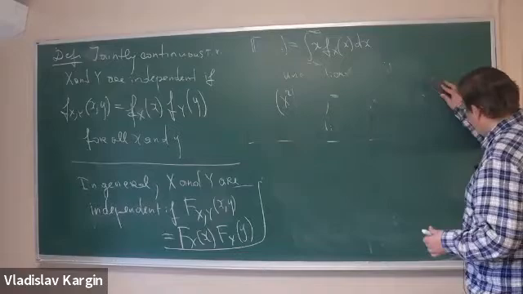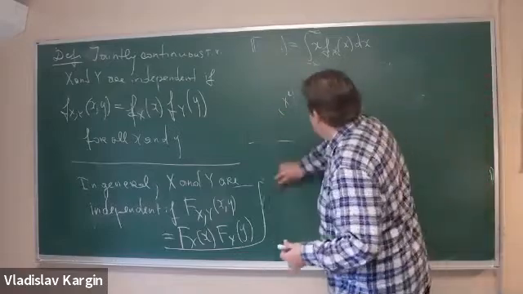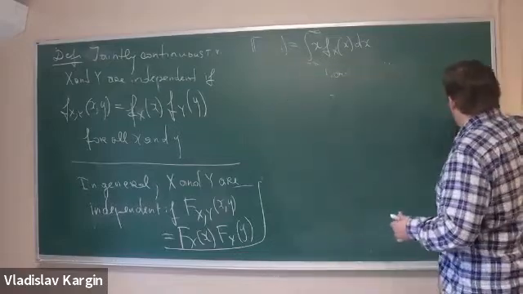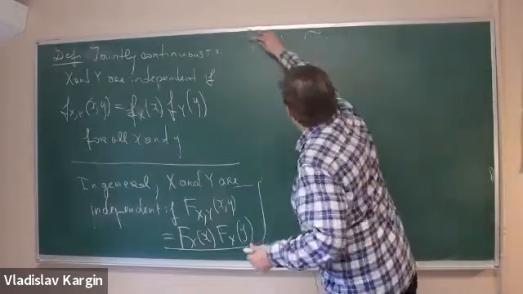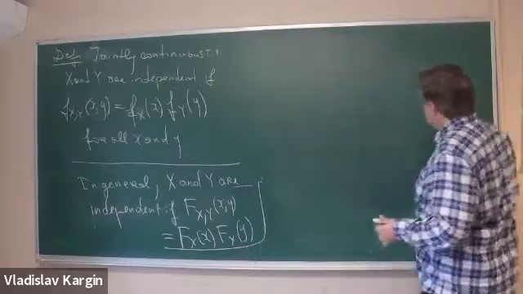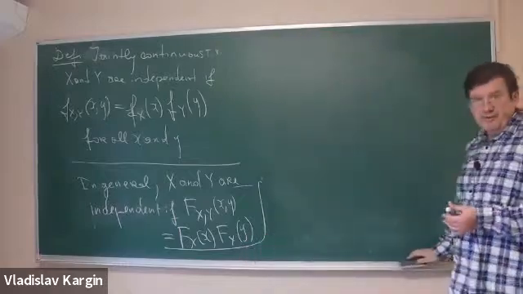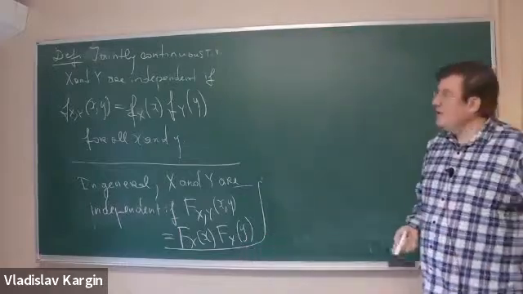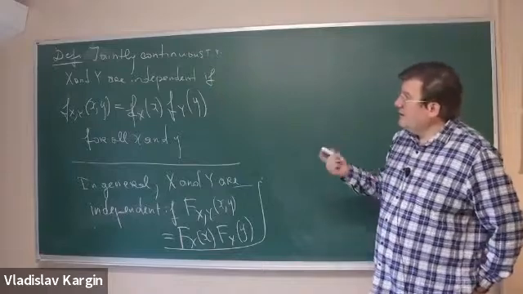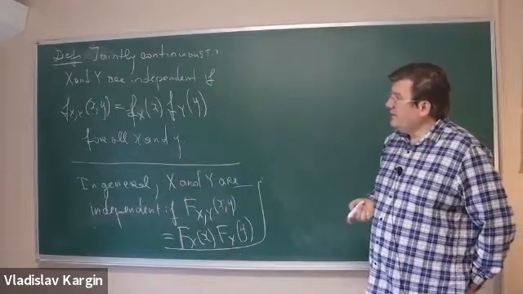It's useful to know how to determine immediately from the joint density whether two random variables are independent or not.